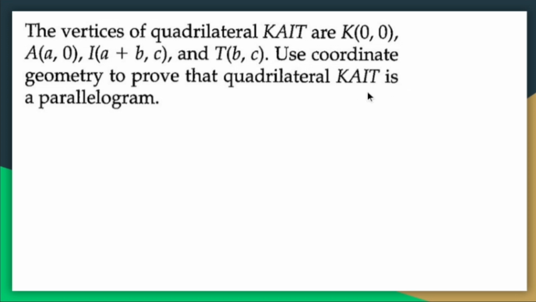Well, there's several ways that you could prove something is a parallelogram, but probably the easiest way to do it is to show that two pairs of opposite sides are congruent. So if I were to imagine KA and IT, that's kind of what I have to do.